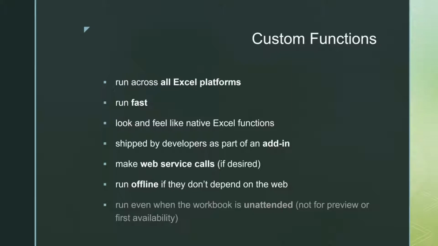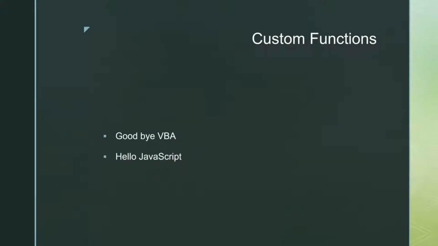It runs on all platforms because it is JavaScript: mobile, Mac, Windows, Excel Online. It runs very fast. It feels like native functions. There's nothing lacking. It is shipped as part of an add-in. You can make calls to web services or have things run offline. We'll see how this works.